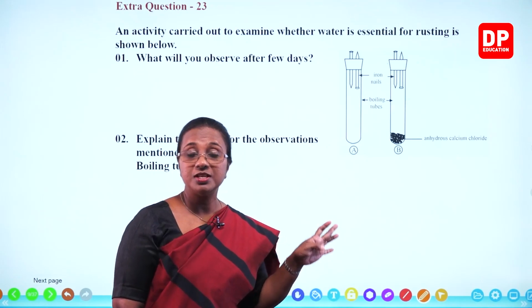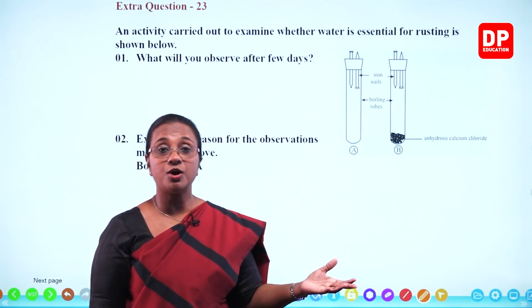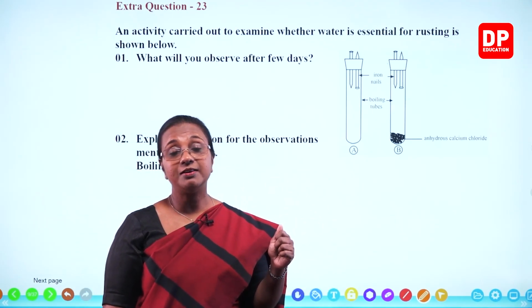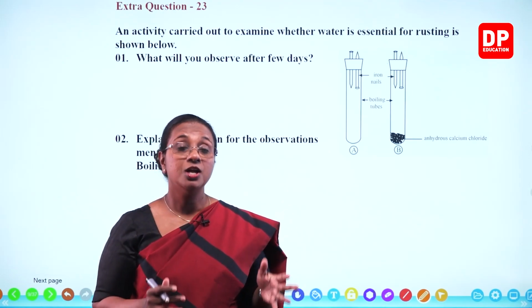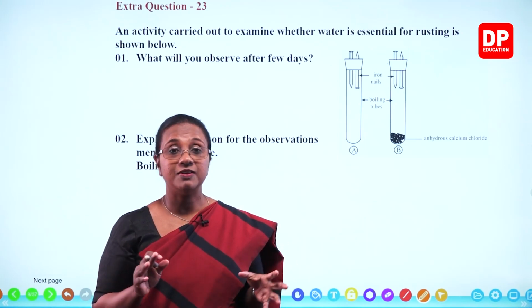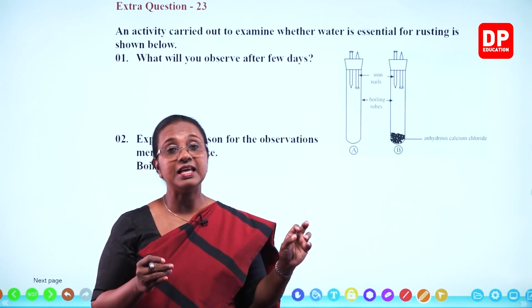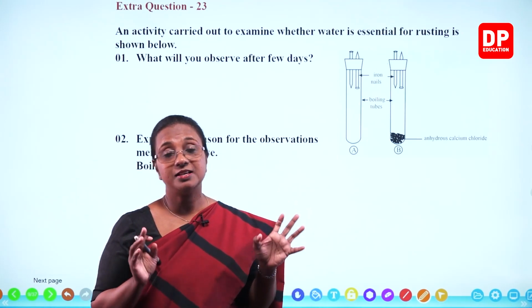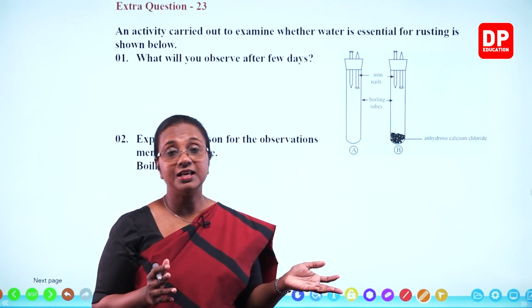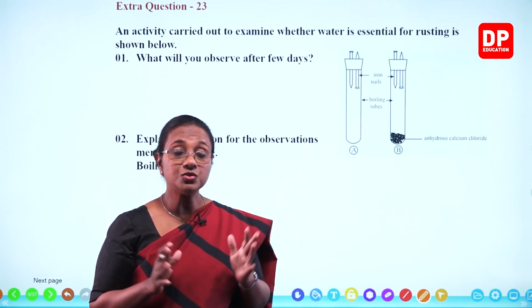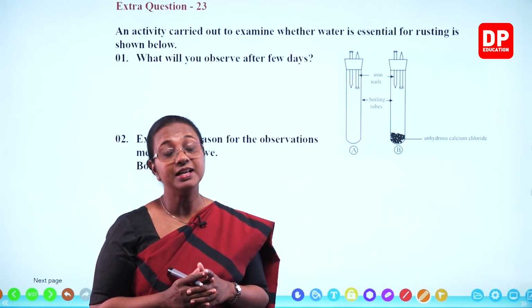And here also students, when you buy iron nails from the shops, those are the commercially available iron nails, usually they are coated with zinc. To remove that zinc layer, what we do is we soak the iron nail in dilute hydrochloric acid for about 10 minutes. And after that, we wash it off cleanly, so that we get the clean iron nails.